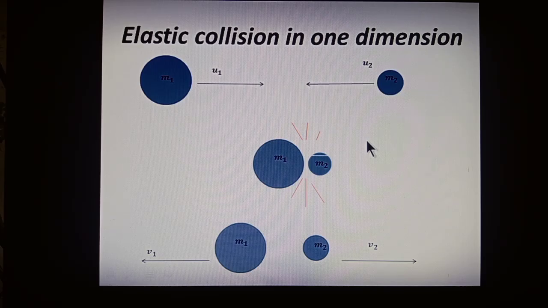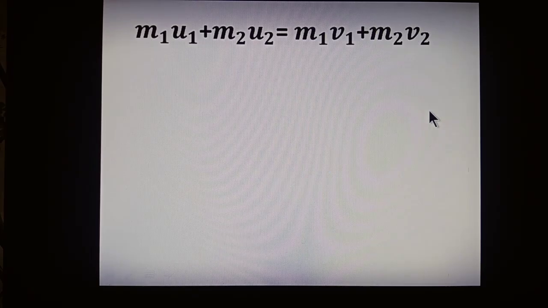First, applying the law of conservation of momentum. The momentum of the system before the collision should equal the momentum of the system after the collision. Mathematically, m1 u1 is the momentum of the first mass, m2 u2 the momentum of the second mass, and m1 u1 plus m2 u2 represents the total momentum of the system before the collision.